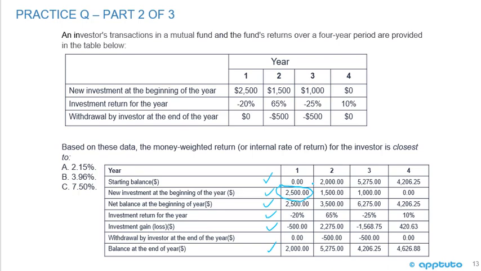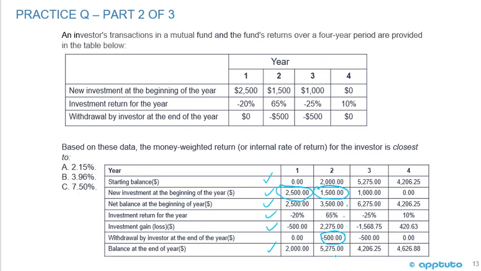Okay. Then we're going to have starting balance $2,000. Oh, another new investment. So that's another cash flow, $1,500. So the balance in the account is $3,500. That's what we're going to apply the 65% return to, which is $2,275. But there's a $500 withdrawal by the investor, so we know that's a relevant cash flow.